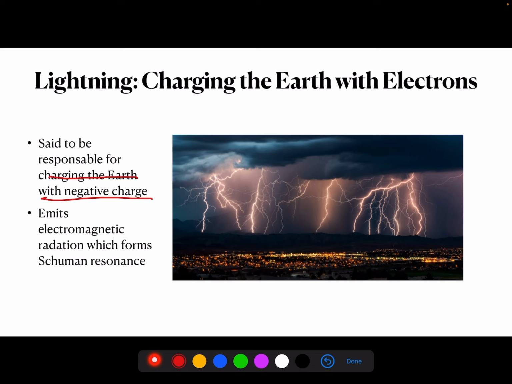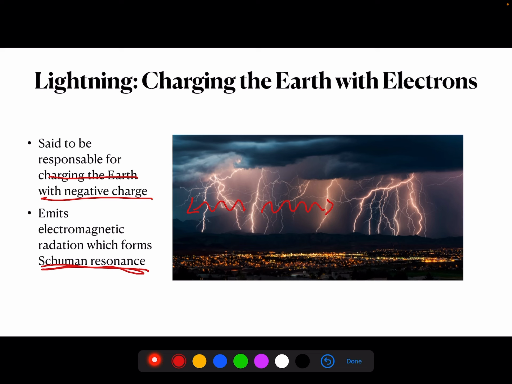You also, when you have lightning strike, it also emits electromagnetic waves, and these electromagnetic waves actually are the origin of Schumann resonance. So that's also what's proposed. Generally, if you just do any sort of basic research around this, these are the answers you are given.